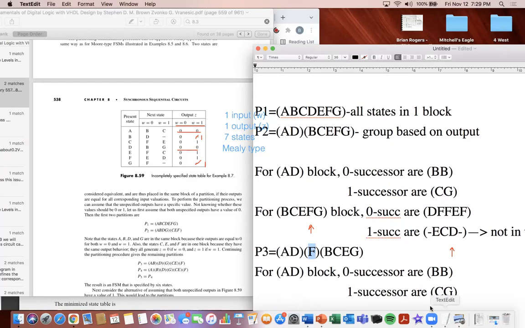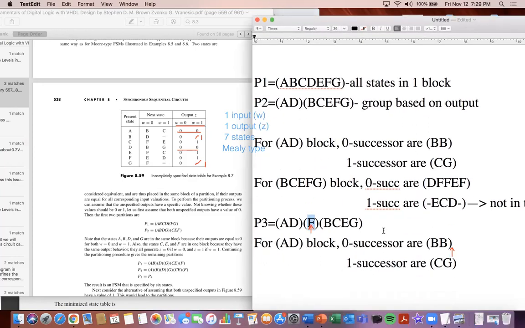Now we're going to do the next block. Let me go up. And then for the B, C, E, G block, the 0 successors are D, C, F, E, F, G, F. So D, F, F, F. Okay, 1 successors are for B, it's going to be don't care.